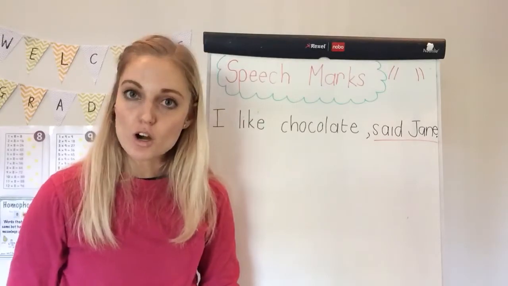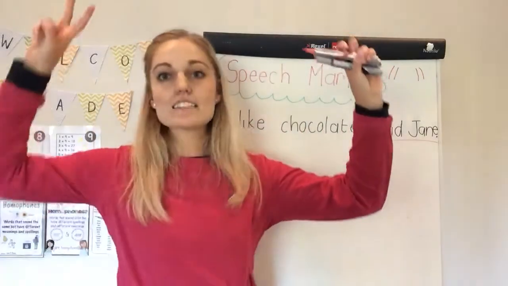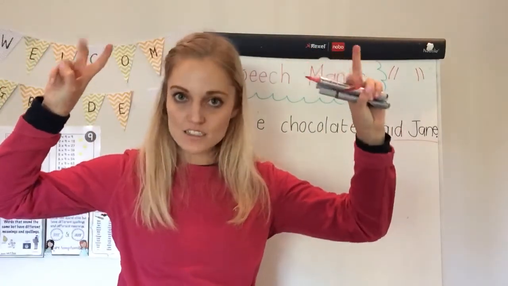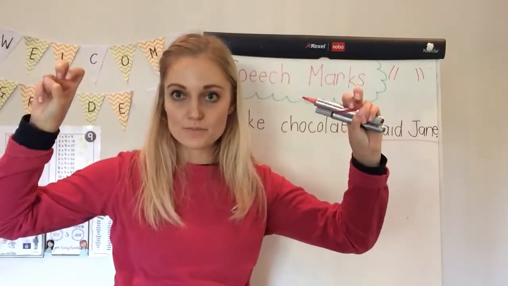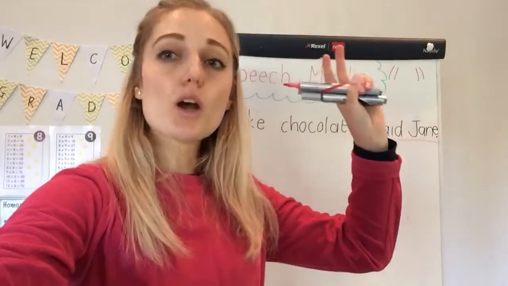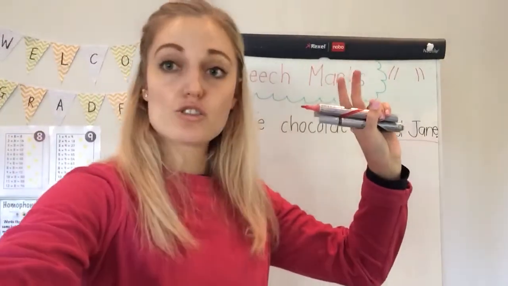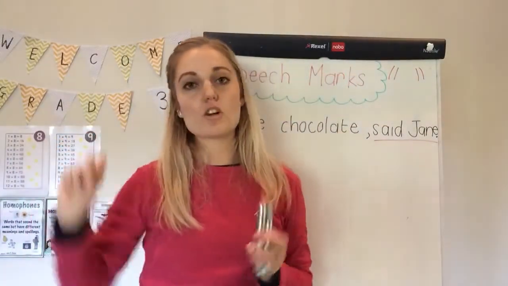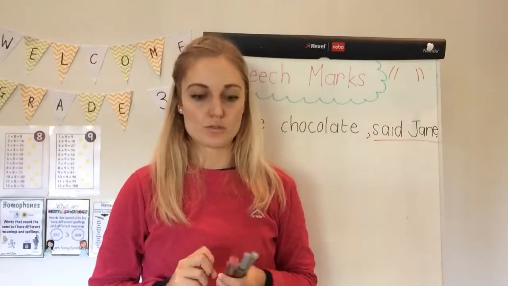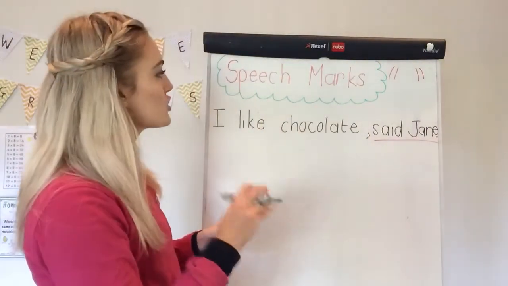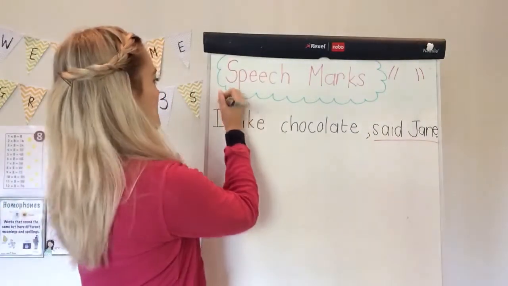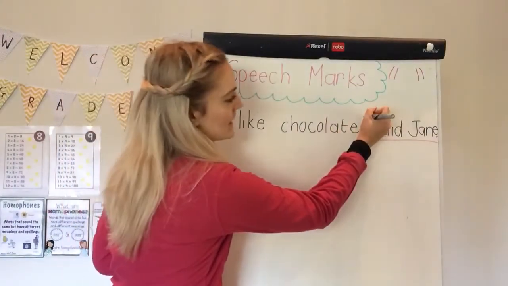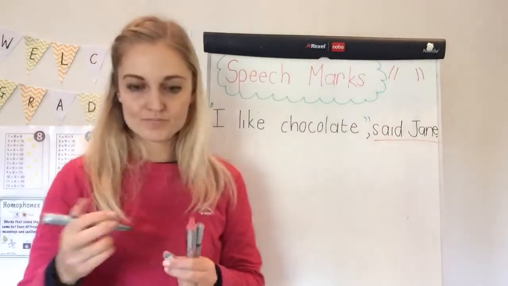And the speech marks go on either side of my sentence. Both sides. So, what you're going to do is on the one side, you're going to put your speech marks, and on the other side, you're going to put your speech marks. So, if I put them here, and then I put them there.